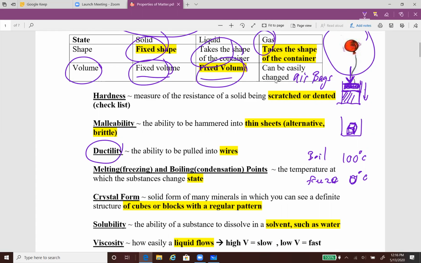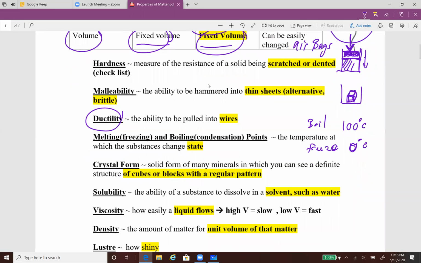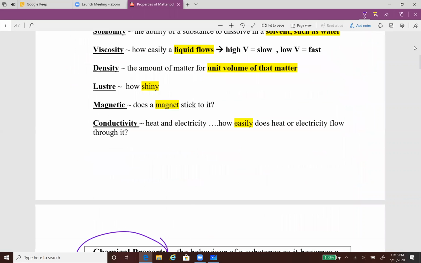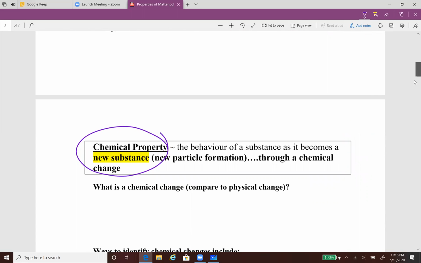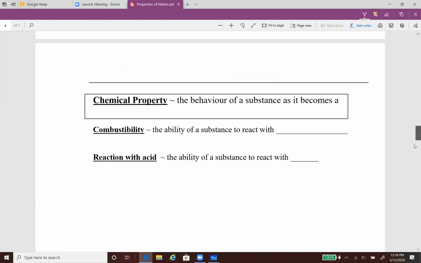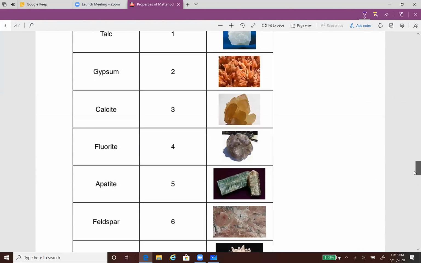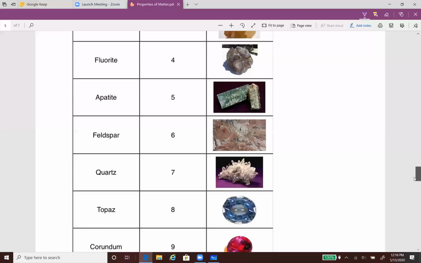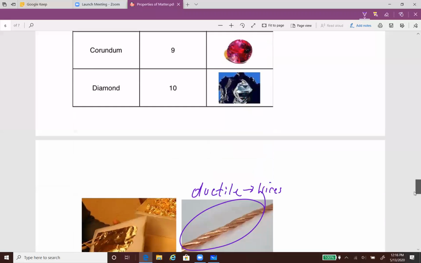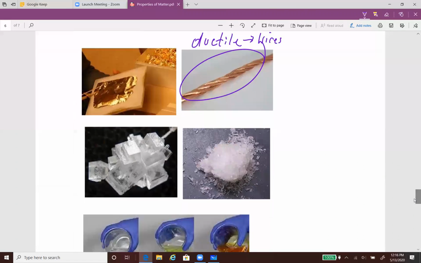We can also describe matter in terms of its crystal form. So for example, if we were in class, we'd actually be doing this. This is actually quite nice to look at. You can see certain crystal shapes on this slide, but I pulled out some examples here. On the left, this is salt.